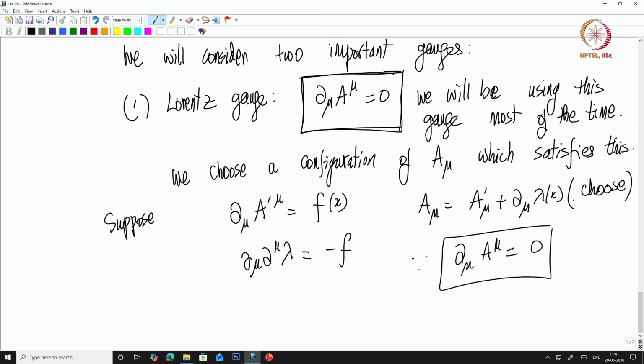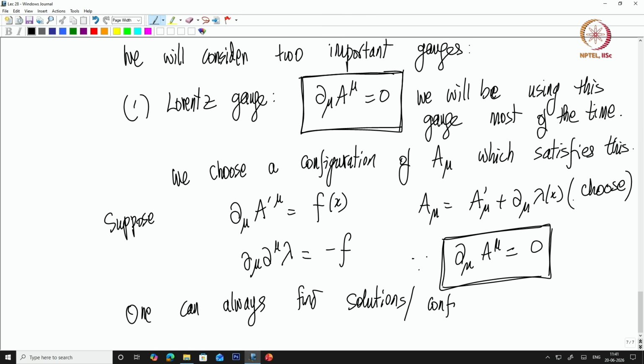Now, if you apply del mu, you get del mu del mu lambda is equal to minus f and it cancels essentially. So, one can always find solutions or configurations of A mu which satisfy this.